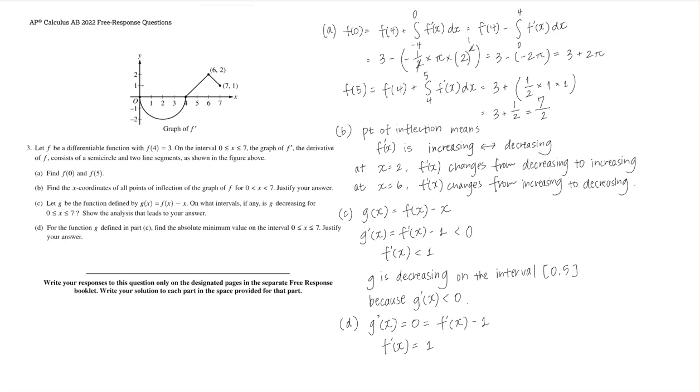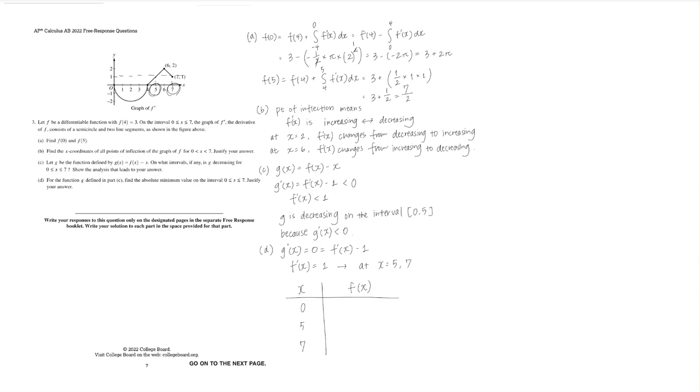If I do the calculation, f prime of x has to be 1. And from the graph, oh, that is way higher. The f prime of x will be 1 when x equals 5 and 7.